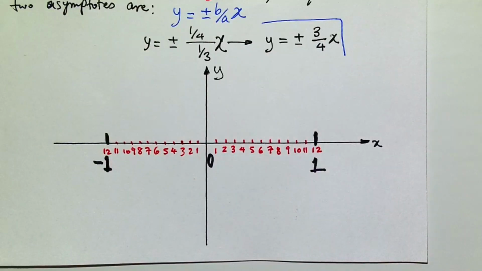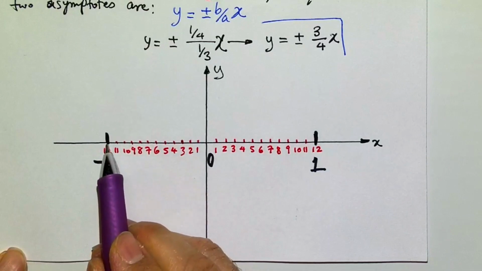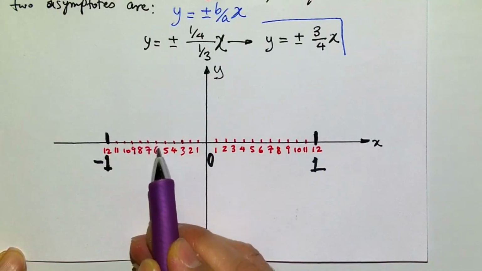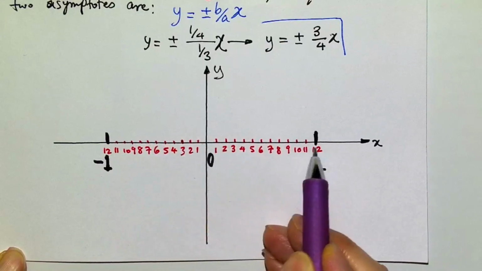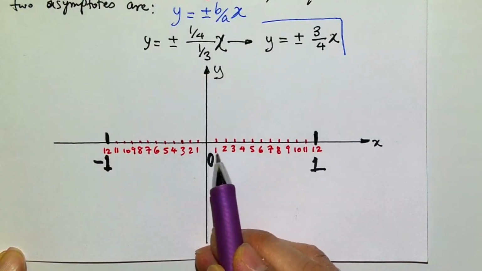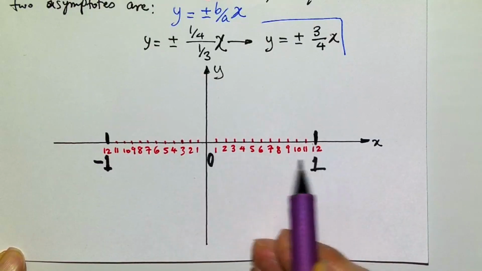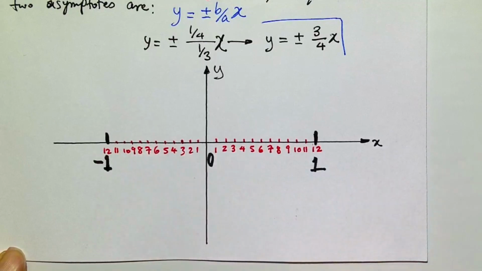From here to here is just 1 unit, but it's divided into 12 smaller increments. That's what I meant to draw.